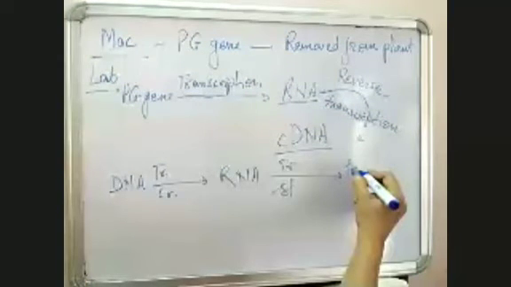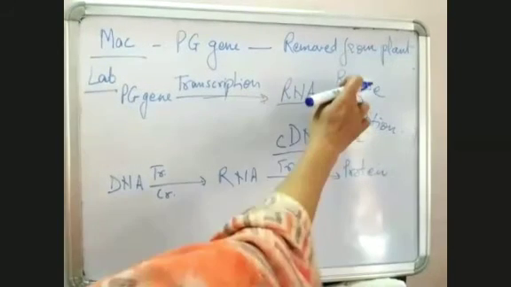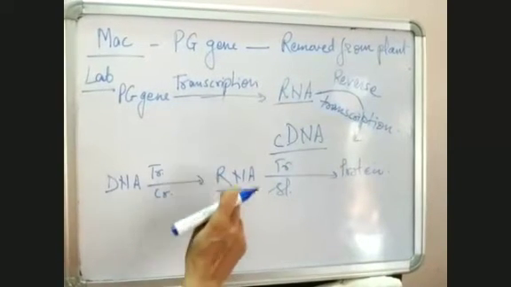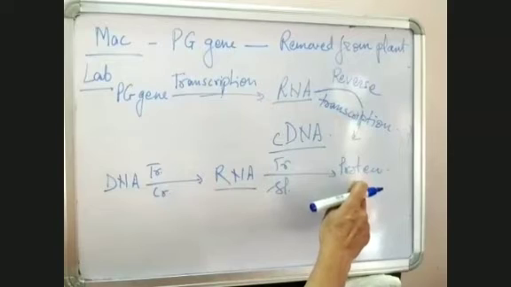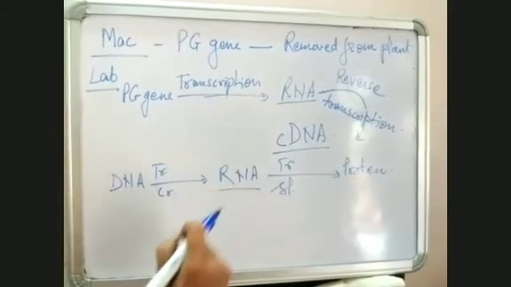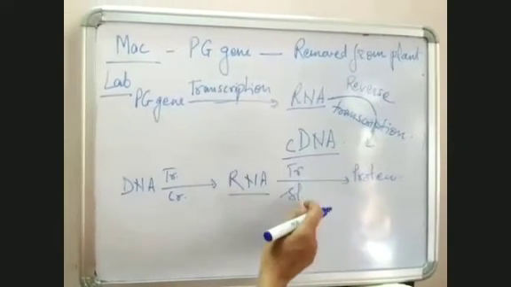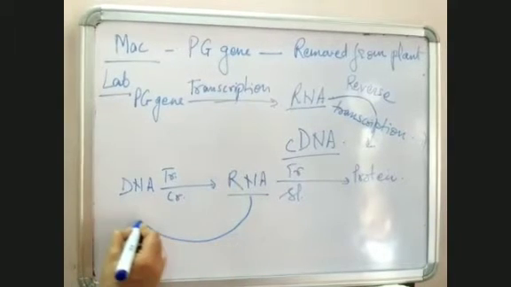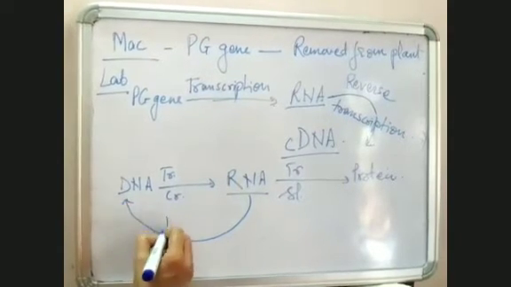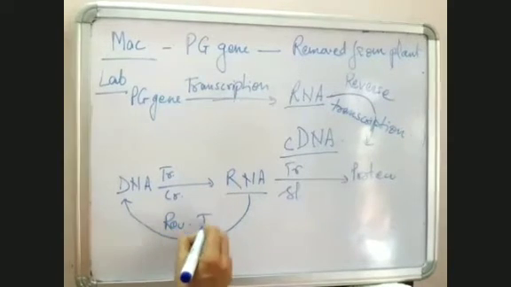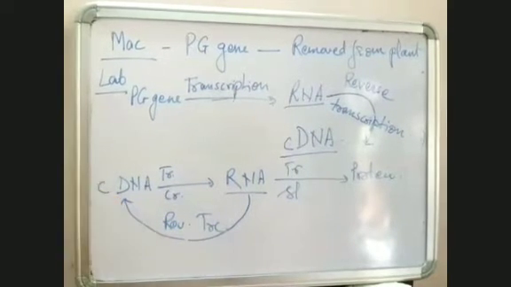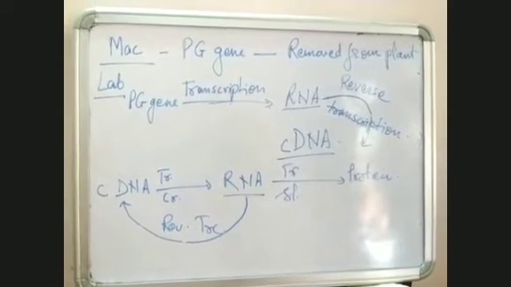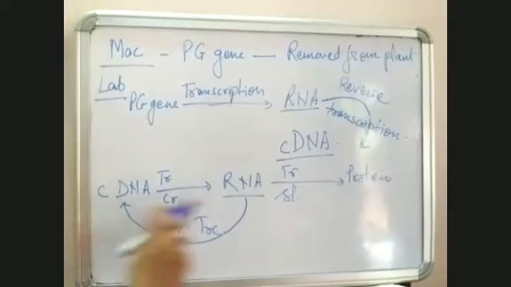Now, when we say reverse transcription, till here RNA was produced, but from RNA, protein was not allowed to be formed by the process of translation. Rather, this RNA was allowed to undergo reverse transcription, and as a result, complementary DNA was produced. So this DNA was complementary to this RNA.